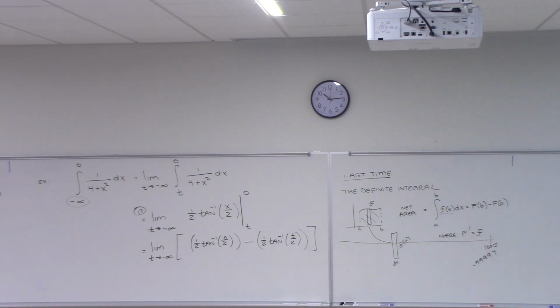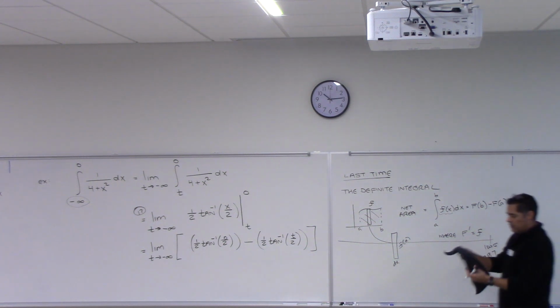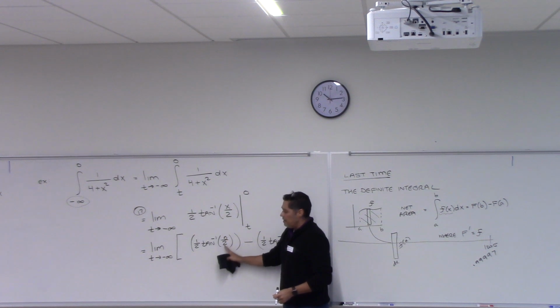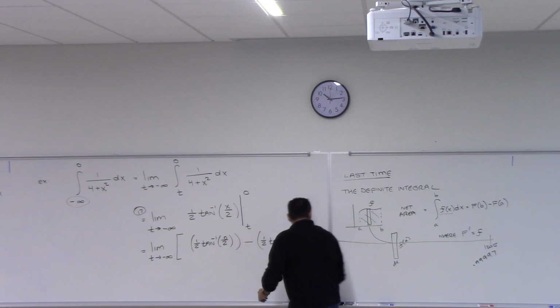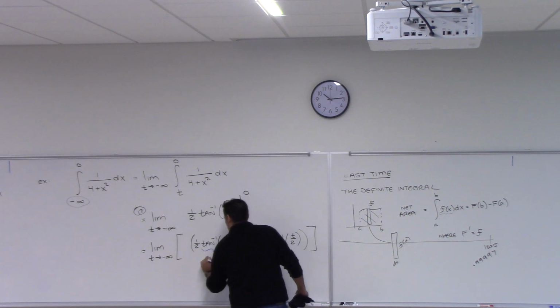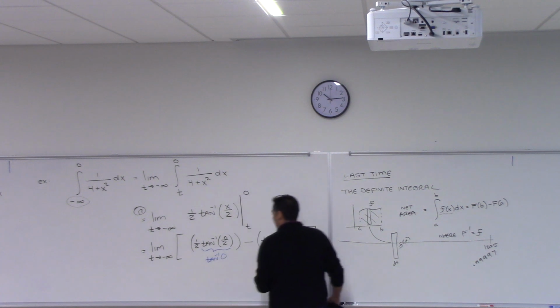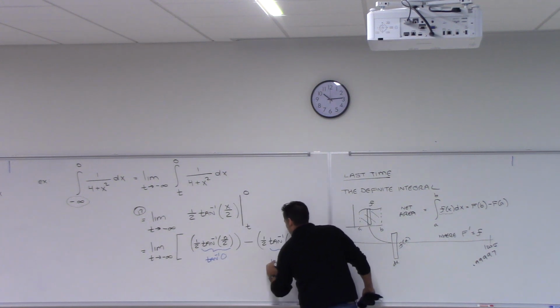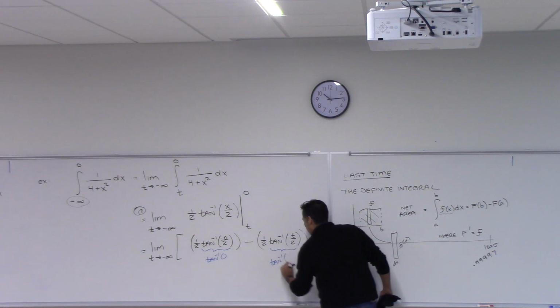Students always seem to have an issue with this, so let's talk about it because it's confusing the first time you see it. This right here is just 0, right? And so I really just want to know what tangent inverse of 0 is. And then over here, I need to know what tangent inverse of what?